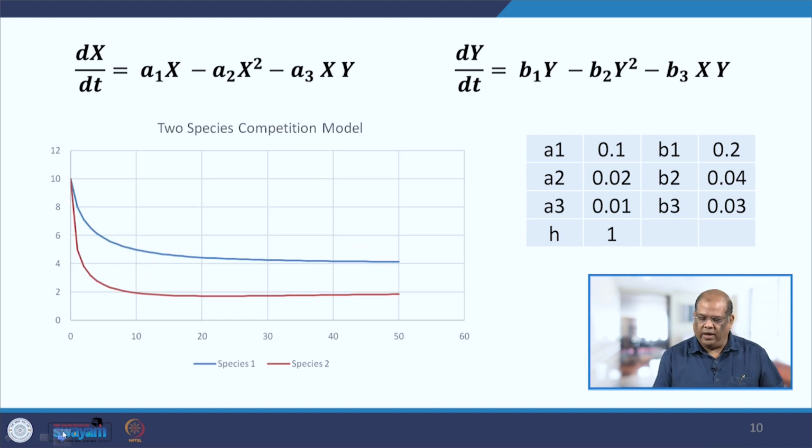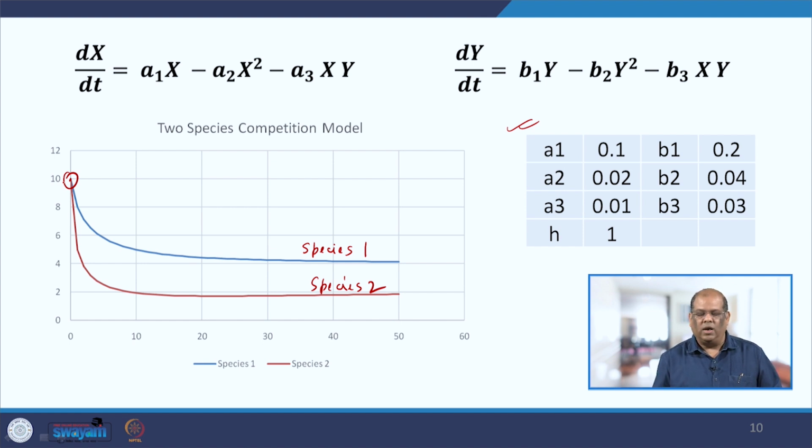We have already checked the stability condition that we have derived, and using these numerical values, we find that this is the curve which they are giving. Now, what does that mean? It means that yes, both of them survive, both coexisting, but species 1 dominates over species 2.